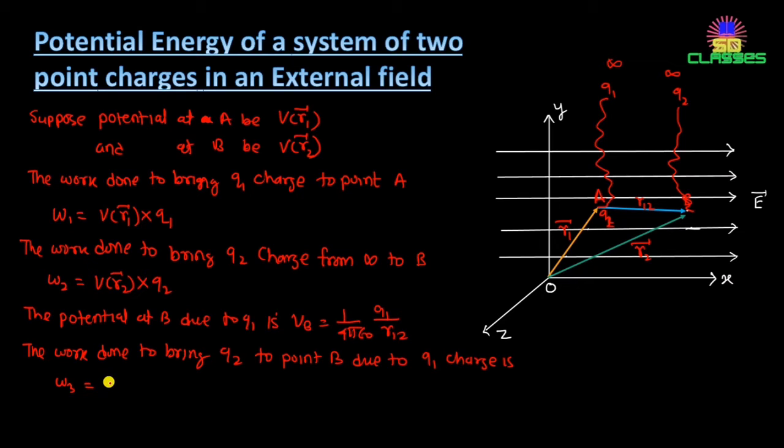So this will be 1 by 4 pi epsilon naught, q1 by r12, into q2, which equals 1 by 4 pi epsilon naught, q1 q2 by r12.